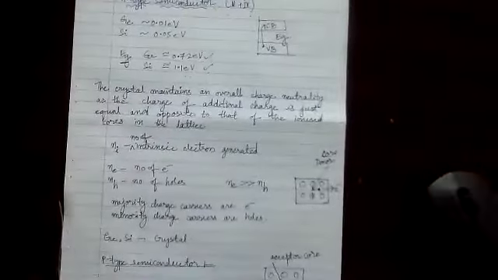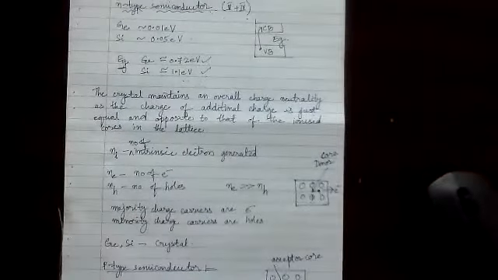After that, we have the energy band diagram. We came to know how much energy is required for the electron to jump from the valence band to the conduction band, that is, the energy gap.